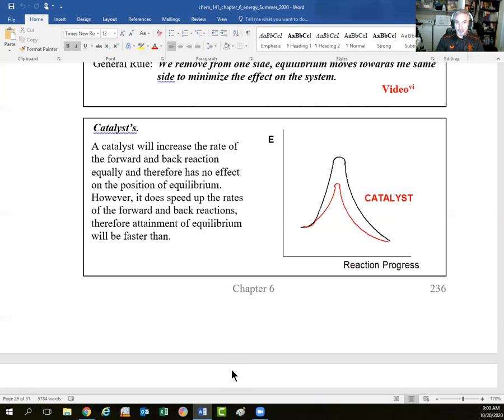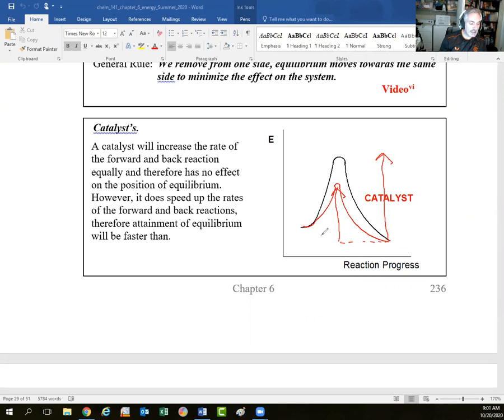Now that's still true, but as we look at an energy diagram with that catalyst effect, we can read the diagram as we normally would from left to right to represent the forward reaction, but we can also read the reaction from right to left for the back reaction. And so for the back reaction, we'd normally put in this much energy for effective collisions, but now we only have to put in this much energy for effective collisions.